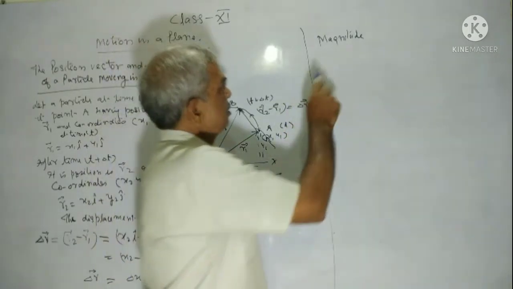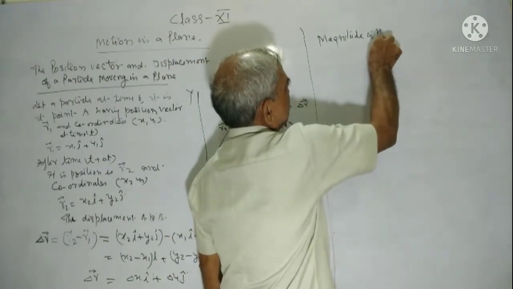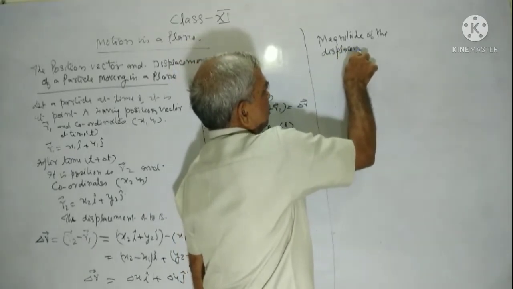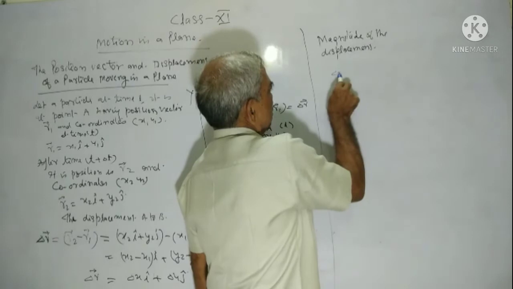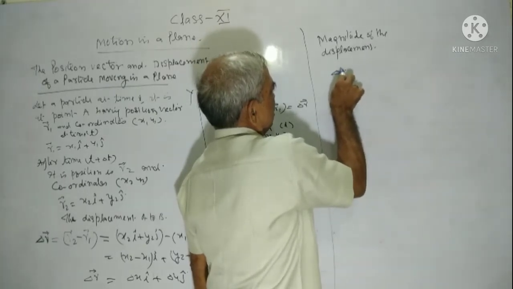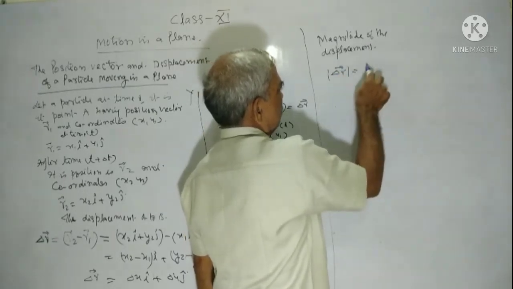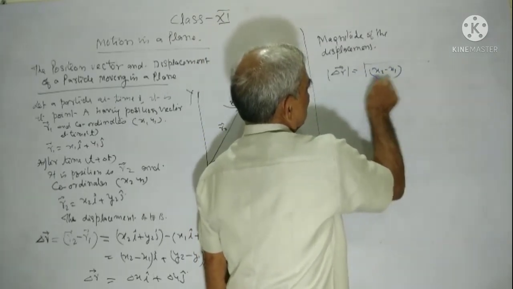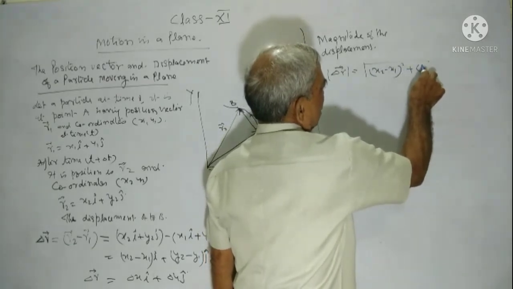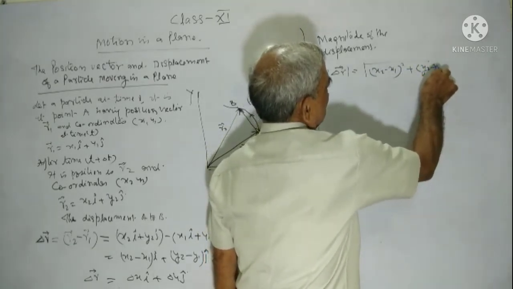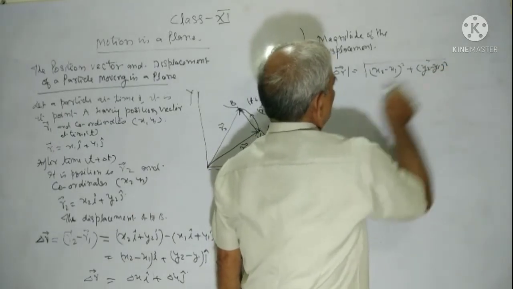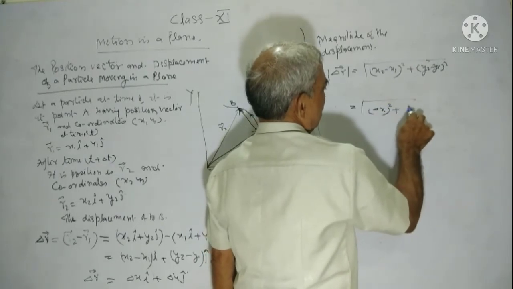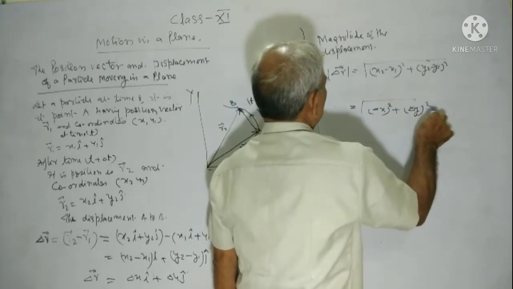Magnitude of the displacement, mod delta R, is the square root of x2 minus x1 whole square plus y2 minus y1 whole square, or we can write delta x square plus delta y square.